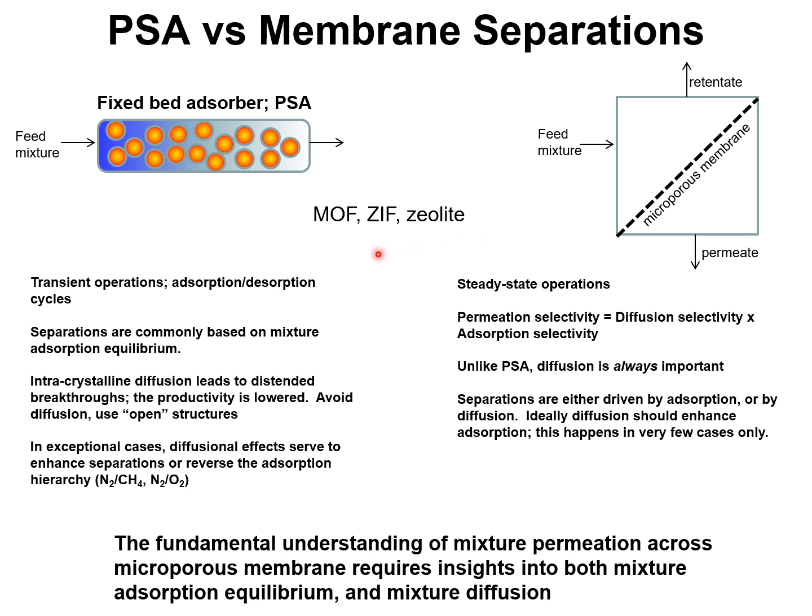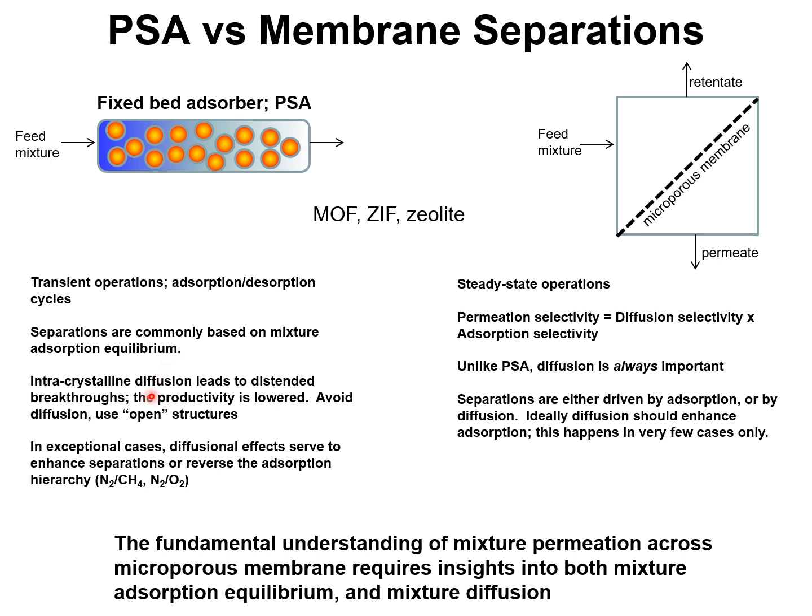There are fundamental differences between the PSA technologies and membrane technologies for mixture separations. If we look at PSA technologies, they are operated in a transient manner using adsorption and desorption cycles. The mixture separations are commonly based on mixture adsorption equilibrium.